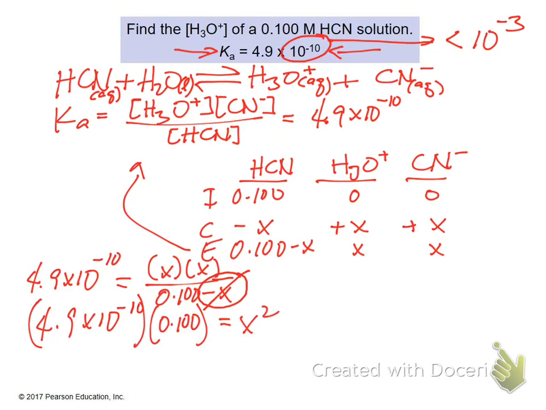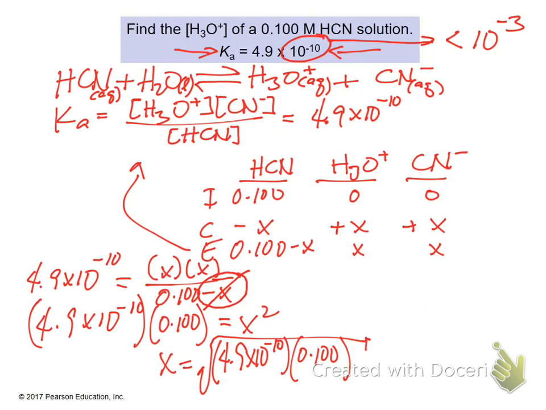Okay, and then you can just take the square root of both sides in order to get the value of x. So x equals the square root of 4.9 times 10 to the negative 10 times 0.100. So make sure that whenever you're plugging this into the calculator, that you enter all the numbers in parentheses, right, inside of the square root. So here we get a value of x equal to 7.0 times 10 to the negative 6.